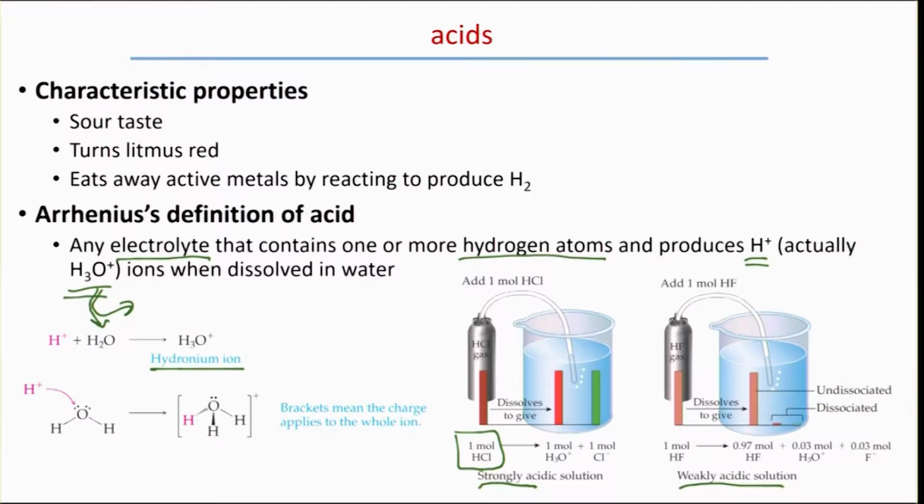You mostly have HF left in solution, the molecular compound that didn't dissociate, and only a small amount of it did dissociate. So the reaction lies to the left, a weak acid based on that, but you still make some hydronium and some F-. So since it does make H+ or hydronium ions in solution, it's still considered an acid, but it's a weak acid.